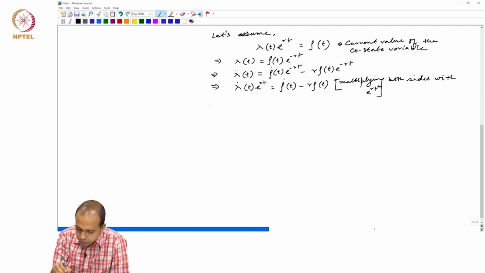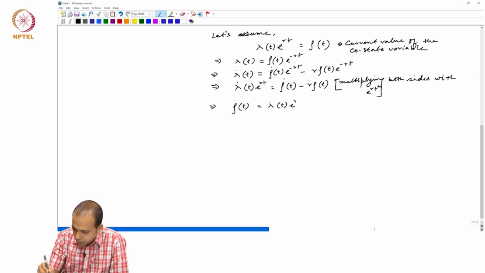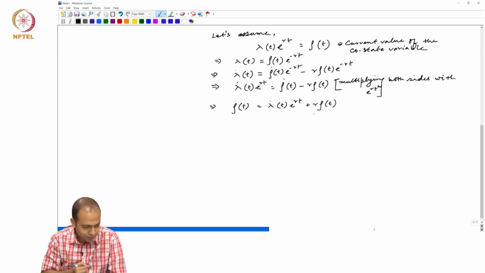So, from here what we can get: rho dot t equals lambda dot t e to the power r t plus r into rho t.